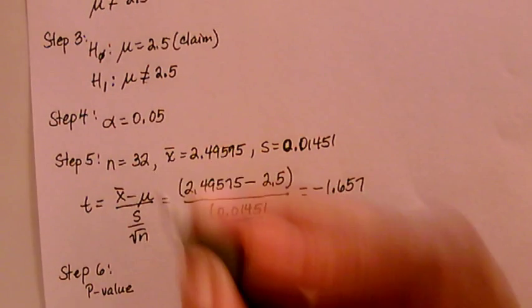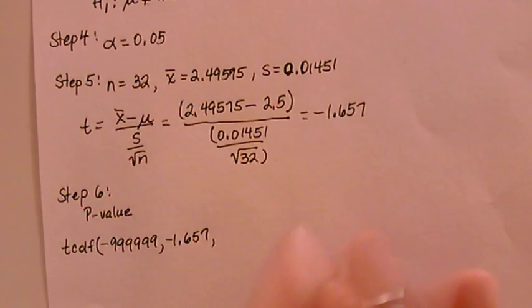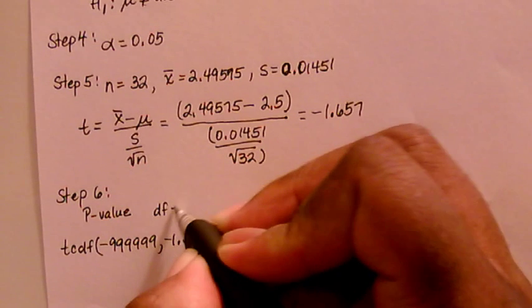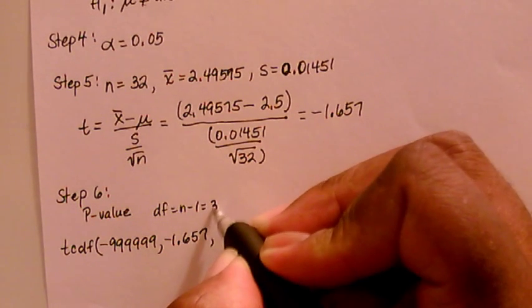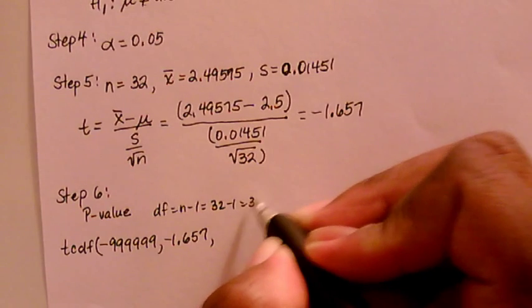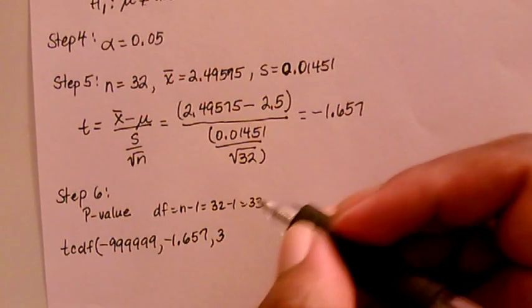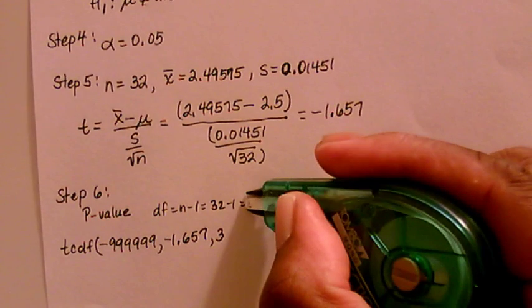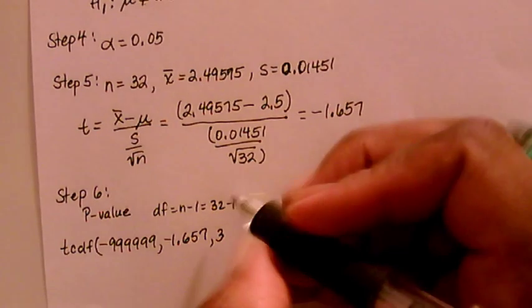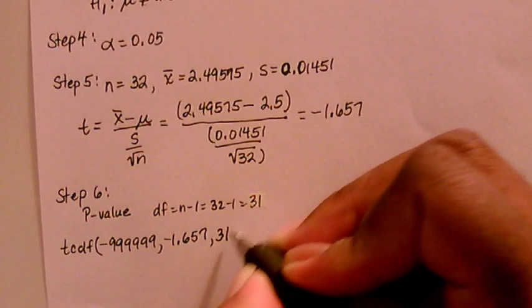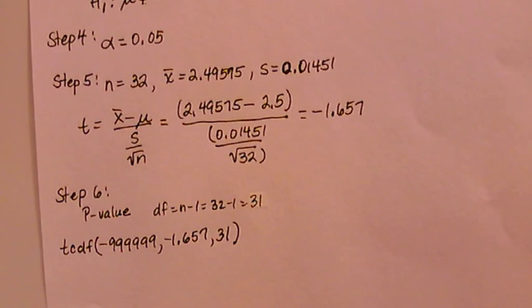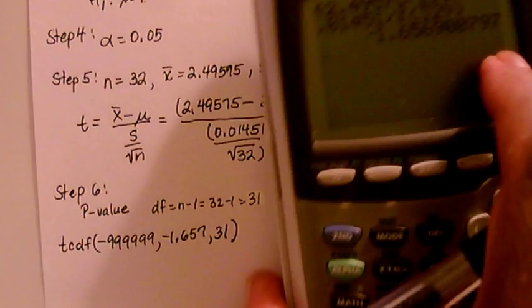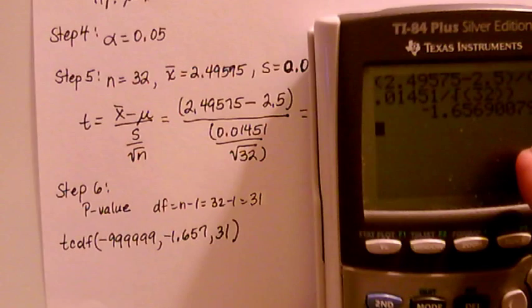Well, if n is 32, then my degrees of freedom must be n minus 1, or 32 minus 1, which is 31. Okay, so that's the format that I'm going to be using. But after I find out what that is, I'm going to take 2 times that value.